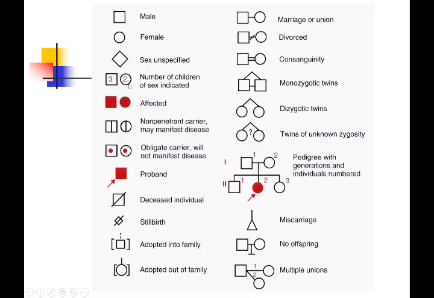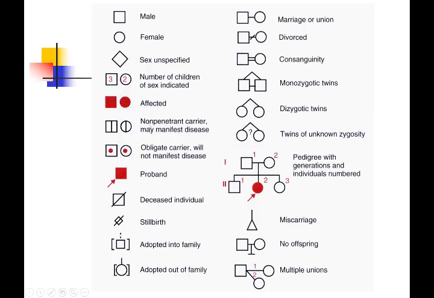And the number of children of sex indicated, you don't have to draw every single child for a couple in the pedigree. You can put the number, for instance here in this situation, when they have 2 girls, you can put the number 2 in the middle of the circle and number 3 in the middle of the square for their sons. The affected individual in the pedigree is filled with color.